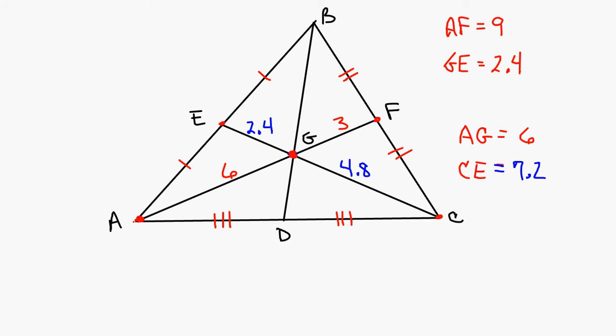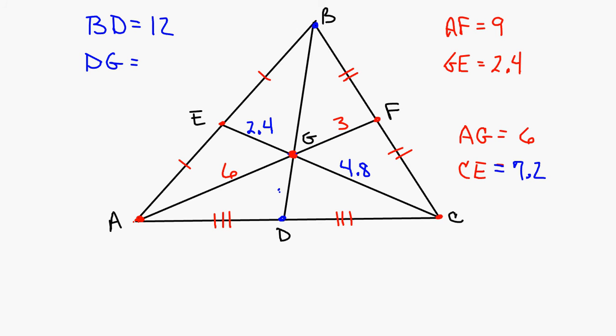If you're told that B to D is equal to 12, and you're asked to find D to G, this short piece is 1/3 of the 12, isn't it?